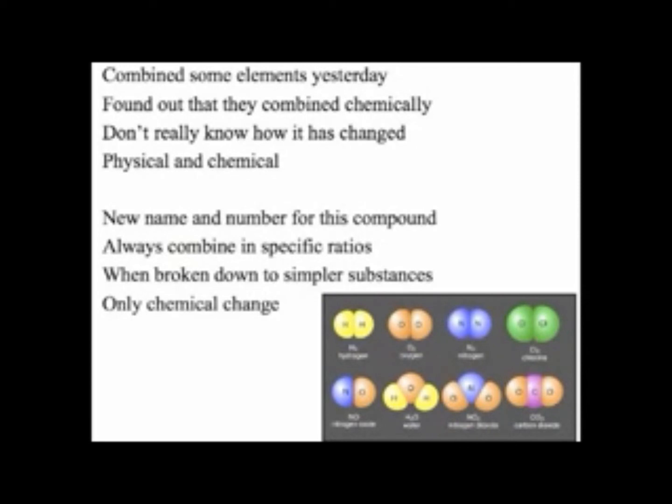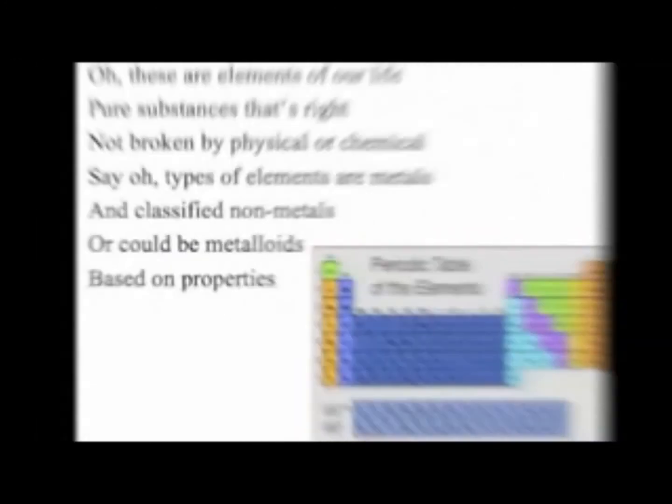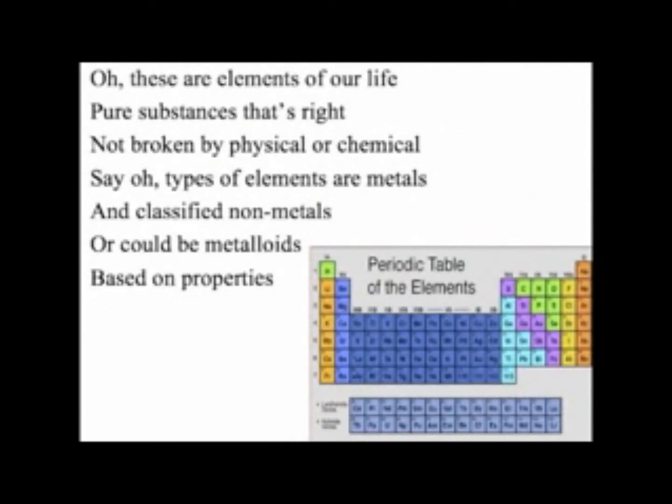Ratios when broken down. Simplest substances on the chemical change. All these are elements of our life. Pure substances, that's right. Not broken by physical or chemical. Say all types of elements are metals, and classified as nonmetals, or could be metalloids based on properties.